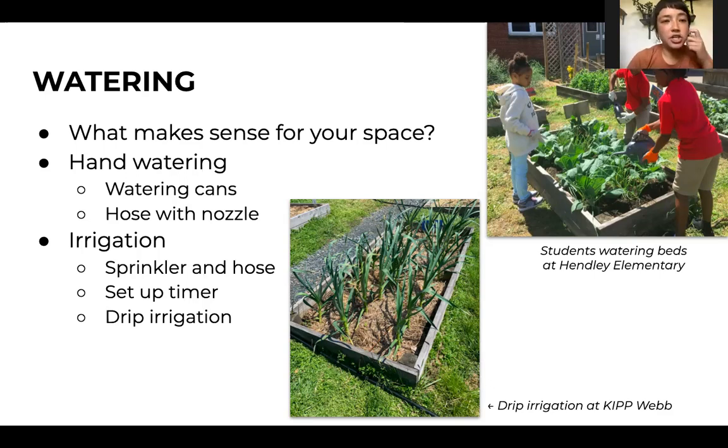Here's a picture of the garlic growing at Kip, and I know it's hard to see, but there's a black main line hose going there, and then coming out of that main line are two smaller drip irrigation lines that go directly into the bed. So once the water is flowing, it just drips out slowly over a set amount of time, and you don't have to hand water it.